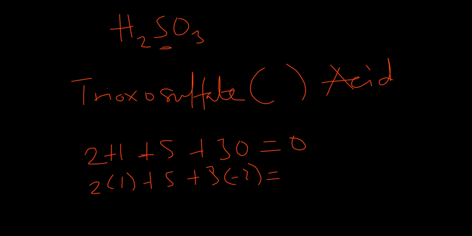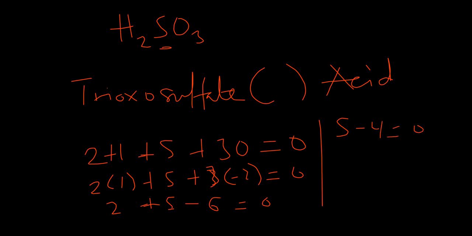This will give me 2 plus sulfur, then minus 6 equals to 0. So that means that sulfur, the 2 minus 6 will give us minus 4 equals to 0. So sulfur will have a charge of positive 4, which is IV.